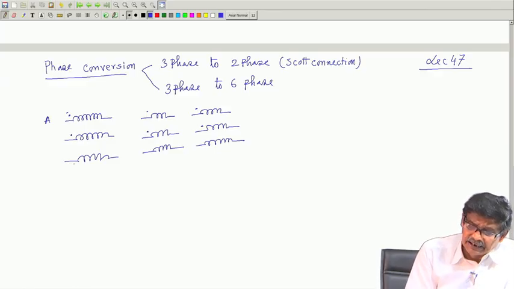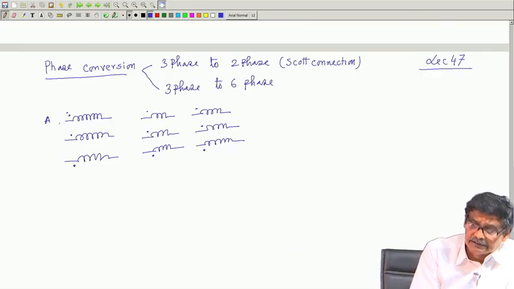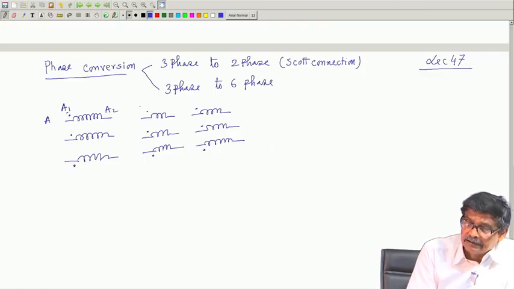I am drawing the dots every time so that you also see their importance. The primary terminals are A 1, A 2, and the secondaries are A 3, A 4, and these 2 secondary coils are identical.